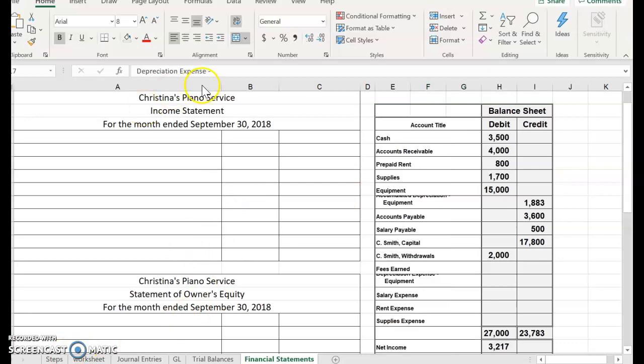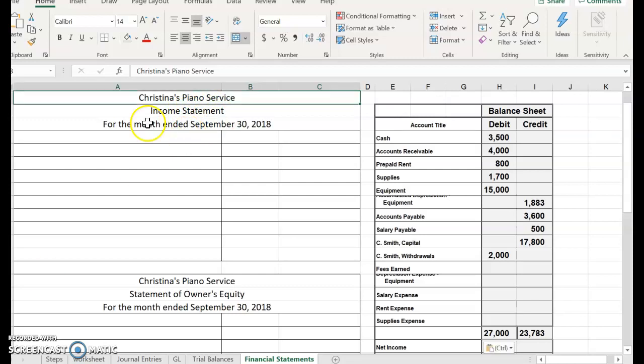Okay, so the first statement we will prepare is the income statement, because we have to have net income, which flows through to the statement of owner's equity, and then we have to have capital, which flows through to the balance sheet. So the first line I've already put up here is the name of the company. The second line is the name of the financial statement.